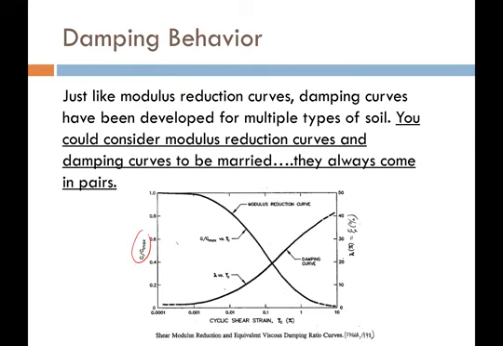So on this axis with cyclic shear strain, I have modulus reduction here, but on the same plot, just on a different axis, I could have damping ratio shown here. For every modulus reduction curve for a particular soil type, I should have a corresponding damping curve.